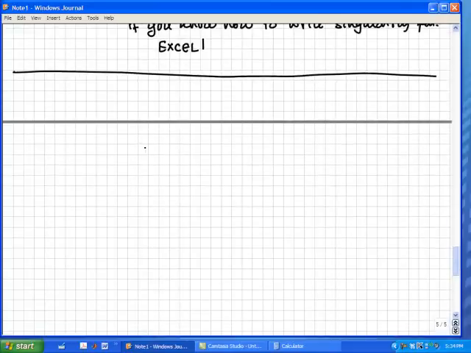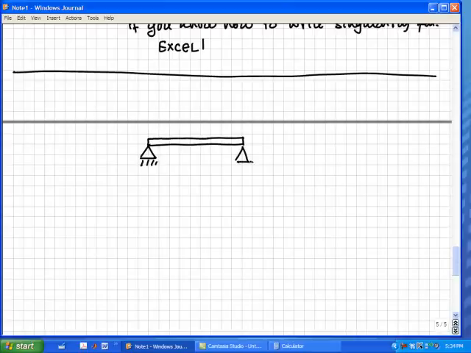We have the following problem. I have a simply supported beam, and I have a distributed load. That's the problem statement. This is, let's say, half a meter, this is 1 meter, and the load is 1 kilonewton per meter. We want to solve this.